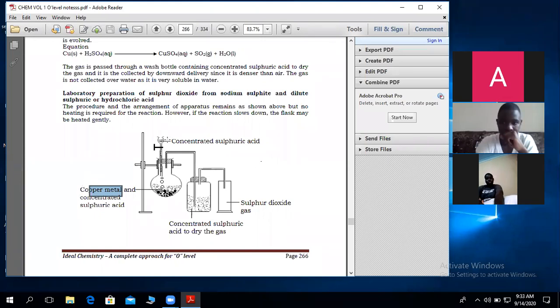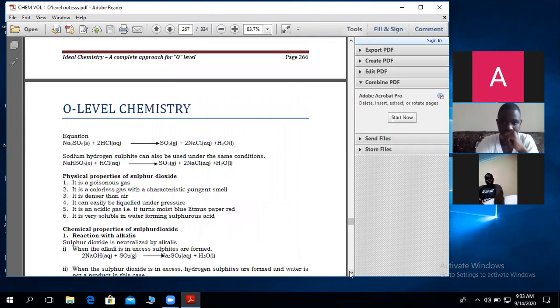In fact, if you check in Arthur Atkinson, they are using concentrated acid, but I repeat, both concentrated acid and dilute acid can work when you are using sodium sulfite, but only concentrated sulfuric acid will work when you are using copper turnings. So this one is supposed to be sodium sulfite. Please take note. We shall correct it in our notes. It's a mistake.